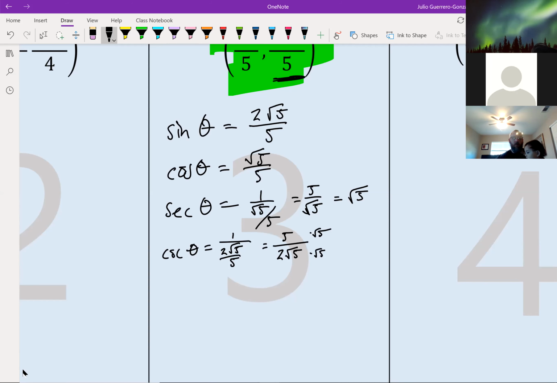The reason why is because these two together multiply and make the 5. So this is going to be 5 root 5 over 2 times 5. This is where the 5's cancel out. So this becomes root 5 over 2. Okay.